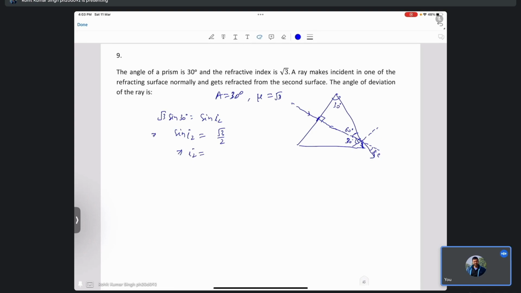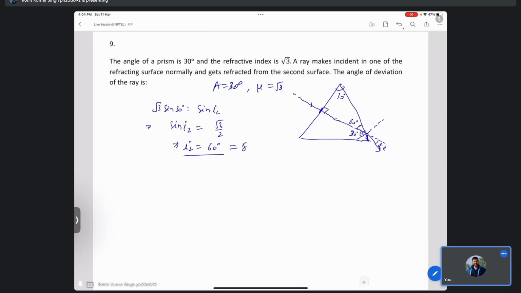So I2 is 60 degrees, right? So this is the angle of deviation. Something is not looking right. Is the calculation okay? Yeah, okay, it's correct.